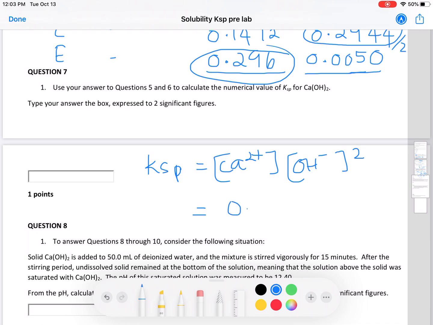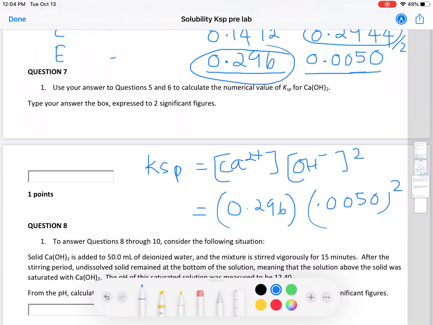So calcium 0.296 and hydroxide 0.0050 raised to the power 2, and you will do this calculation to find out the Ksp value. You can keep the answer in 2 significant figures. I will leave it up to you guys to find out that answer.